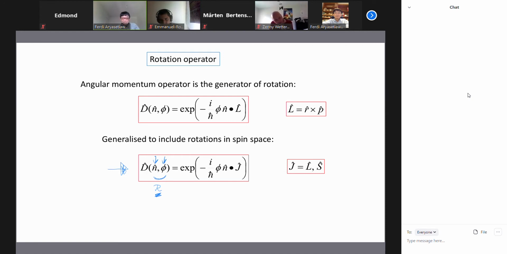But the rotation operator acts on a Hilbert space, on some states. Those states can be anything, spin states, for example. So this gives the connection between the rotation in real space and the rotation in the Hilbert space.